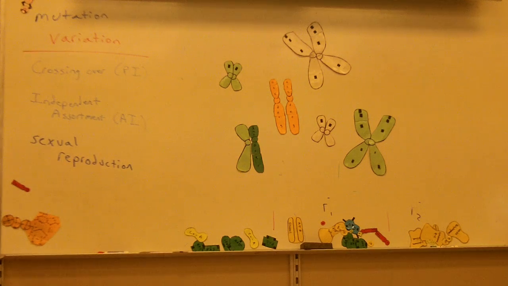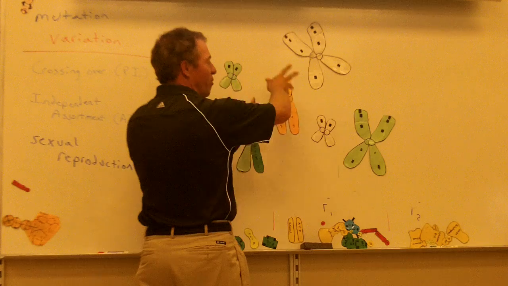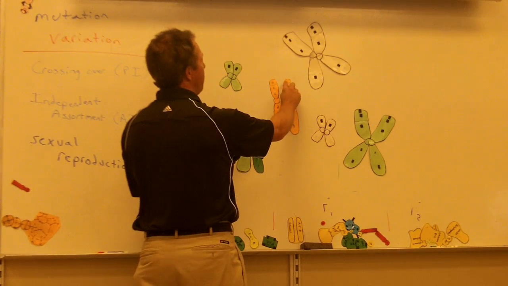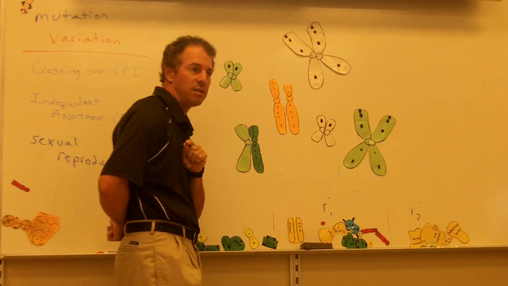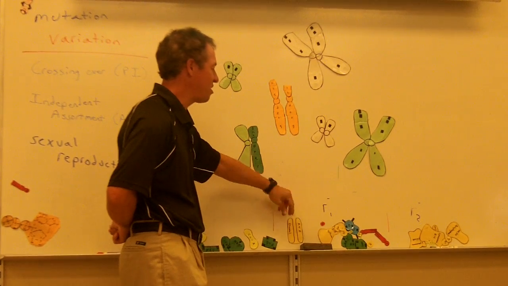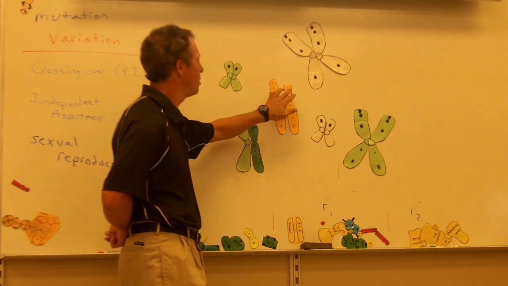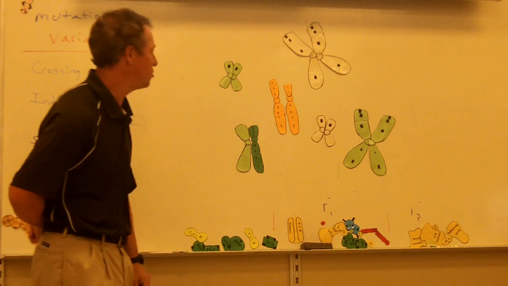A deletion. A deletion is simply this. During the movement of these chromosomes around, sometimes you can get a piece that falls off and is lost. It floats around somewhere and maybe ends up getting stuck in the membrane, and it's just not used anymore. Maybe it gets destroyed by some lysosomes.